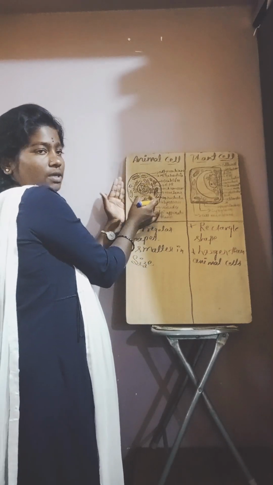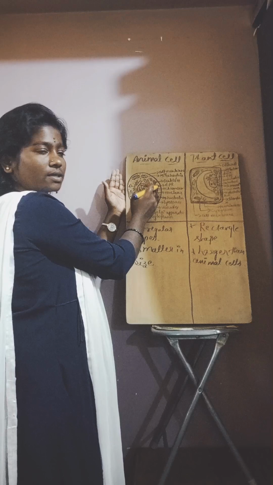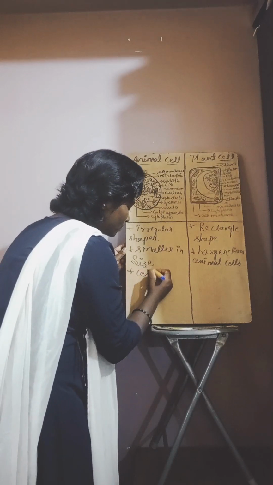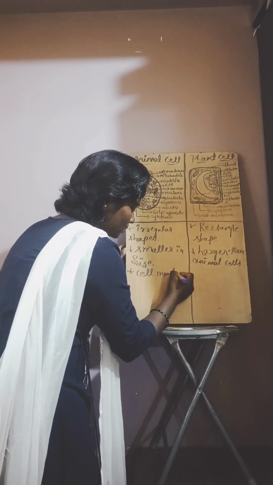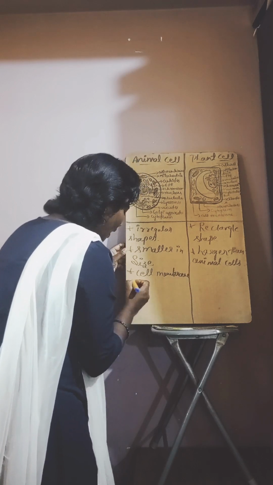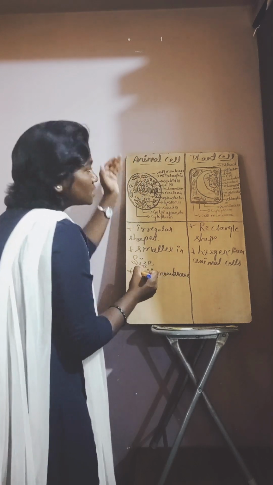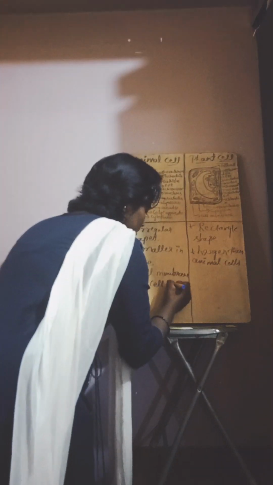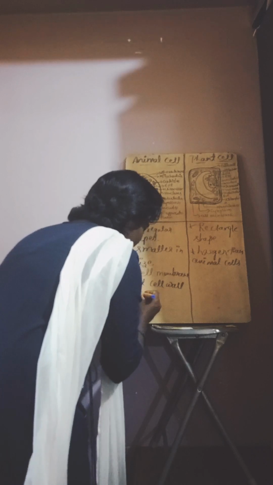Here, for the outer covering, animal cells are covered by an outer membrane that is called the cell membrane. And animal cells do not show any cell wall. Cell wall is absent.